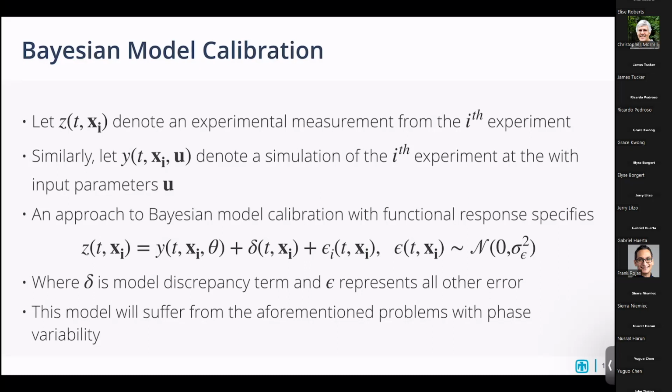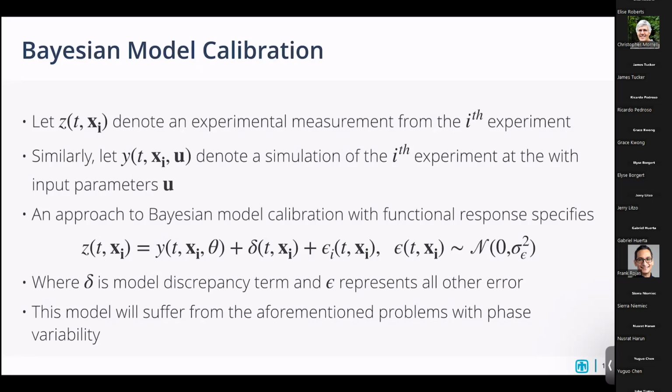An approach to Bayesian model calibration with functional responses that's been around for a number of years specifies the following model: z equals y, in this case at theta, where y is our simulation, plus delta, where delta is our model discrepancy term with inputs x_i, plus epsilon, which just represents all our other error. We assume epsilon is normally distributed with mean 0 and variance sigma squared e, so then we have a normal likelihood.